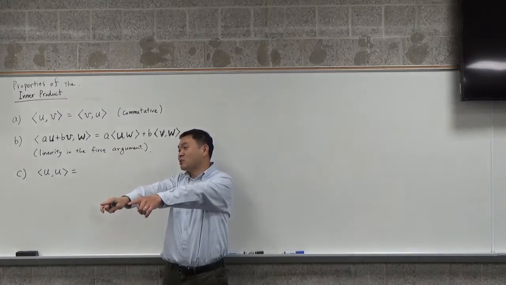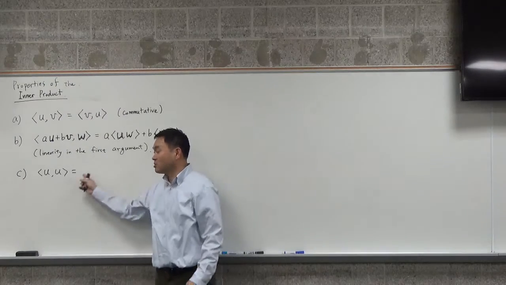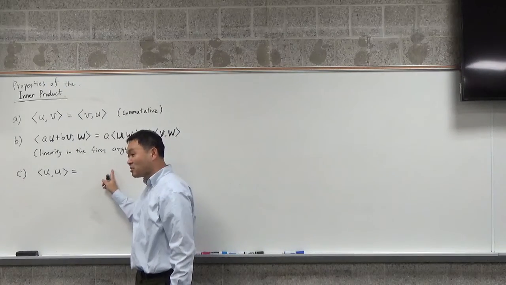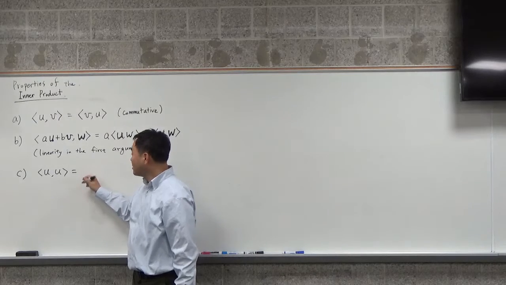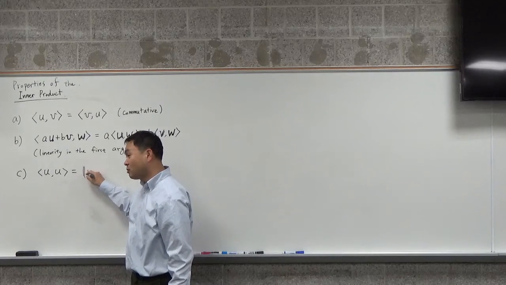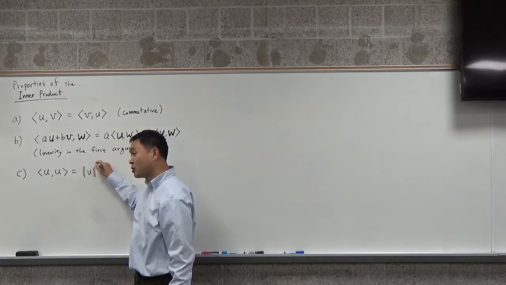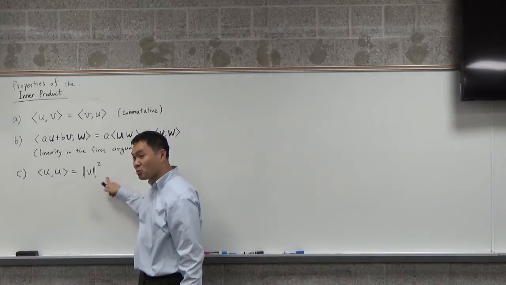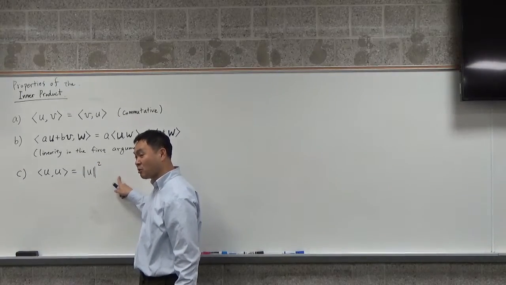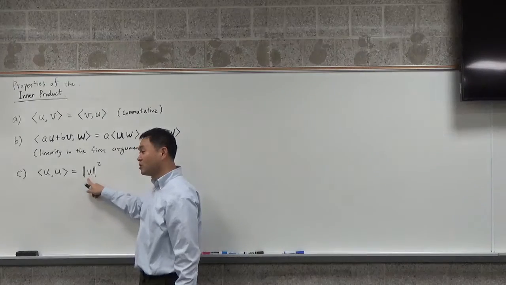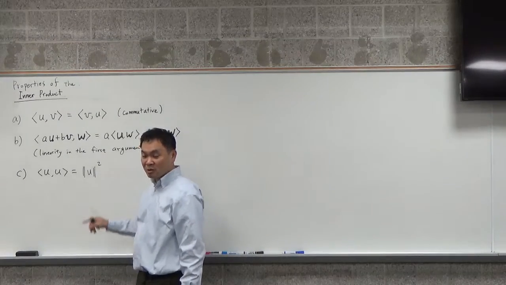What's cosine 0? 1. So that part is 1, and you get the norm of u squared, right? It's the norm of u times the norm of u, so you get that.